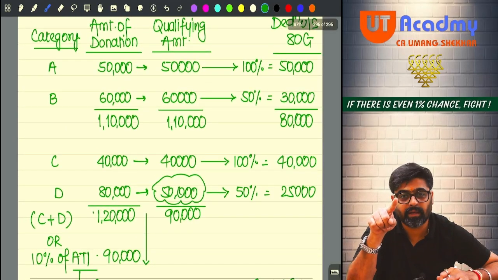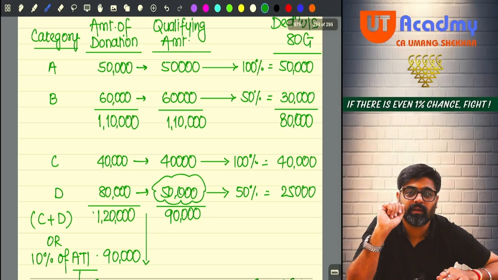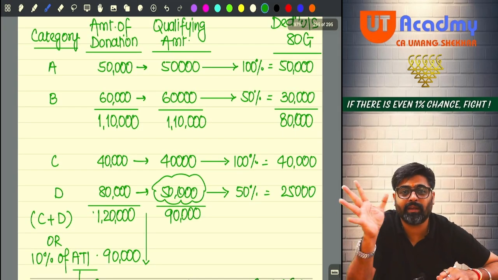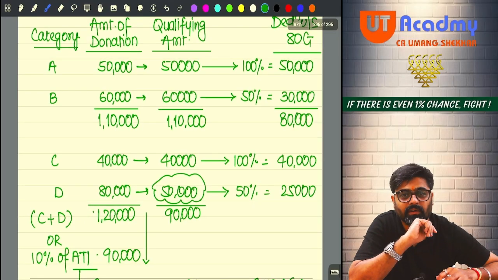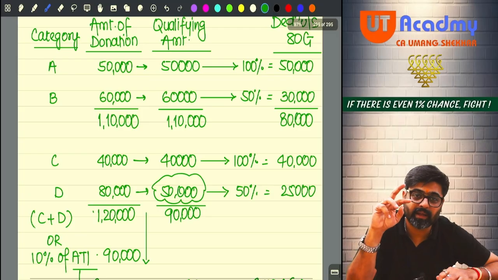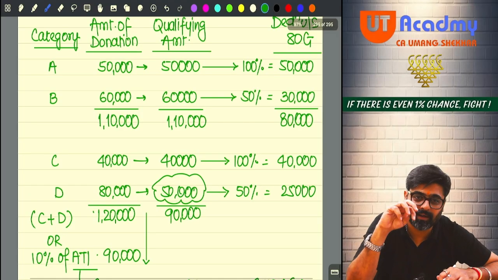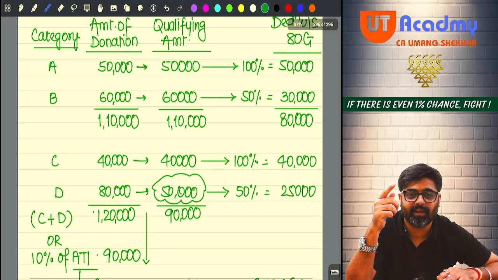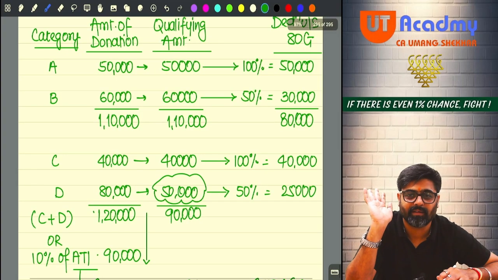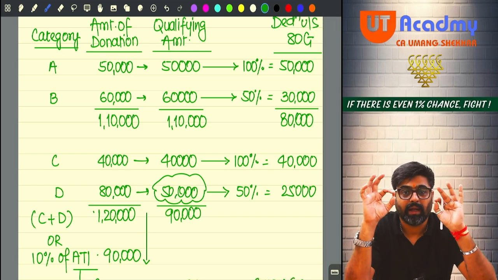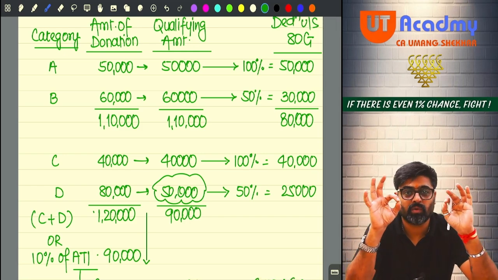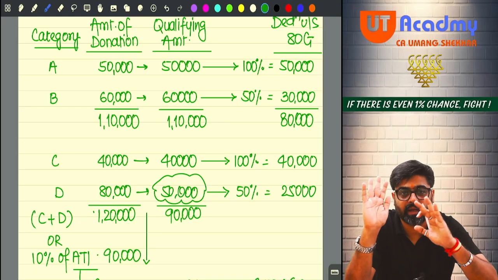If you make category B as your category D, then blunder. Category B does not have any qualifying limit. Full amount qualifies and 50% is allowed. If you make category A as category D or category D as category A, then it will be a blunder. So you have to remember the names category wise, and please don't ever make a mistake in any category.